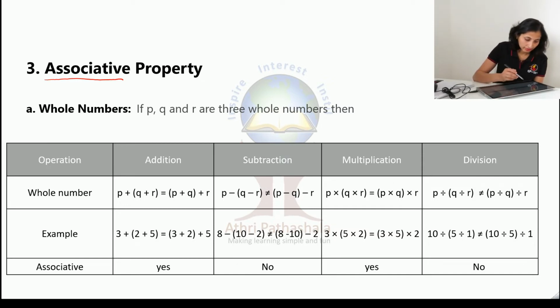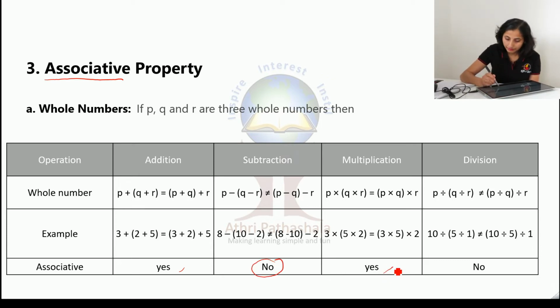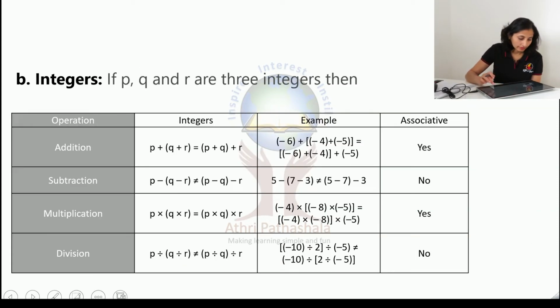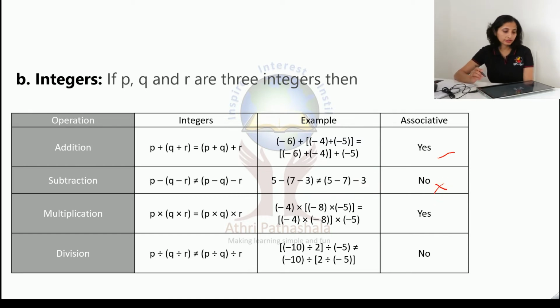The associative property for whole numbers: under addition it is associative, for subtraction it is not associative, multiplication is associative, and division is not associative. And for the integers, addition is associative, subtraction is not associative, multiplication is associative, and division is not associative.